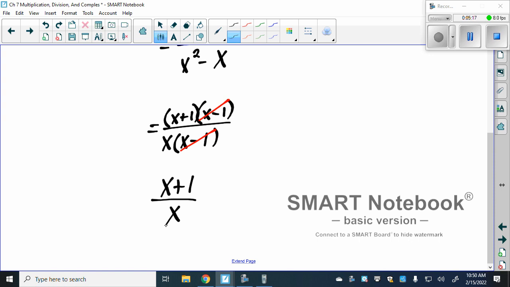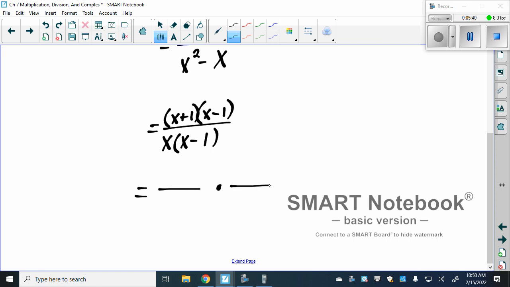Now, I'm going to go actually back a step to this here before we canceled out. What we talked about yesterday was multiplication, where I have two things being multiplied together, two rational expressions multiplied together. We multiply the numerators together and the denominators together, yes?